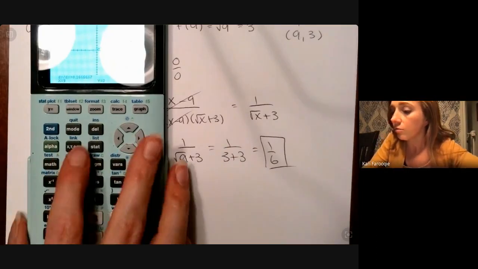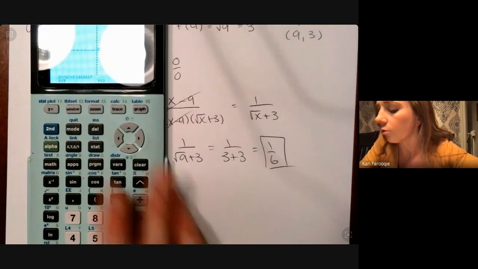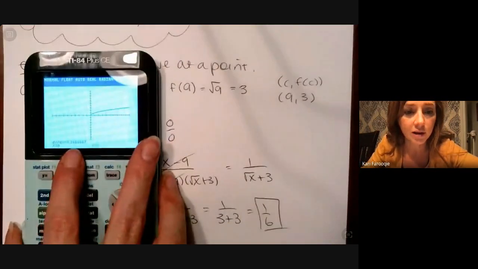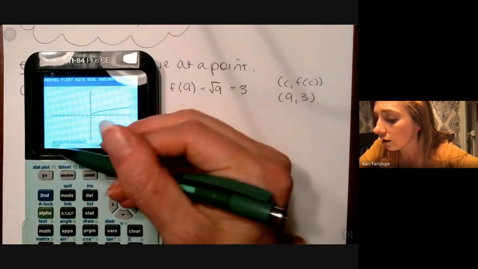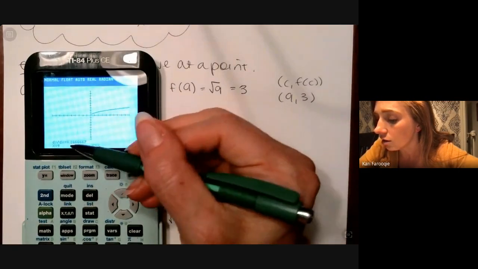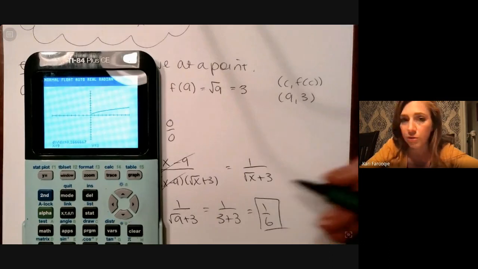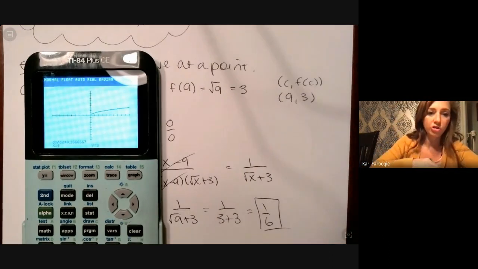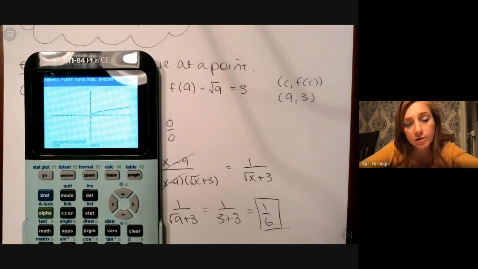It gives you the value of the derivative at x equals 9, y equals 3. The value is 0.16 repeating. Well, that's 1/6. Technically you would have to know that decimal approximation, but 0.16 repeating is 1/6. So that's just a way of checking the derivative at the point using your calculator.